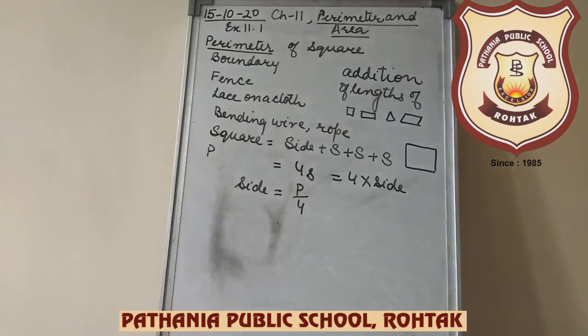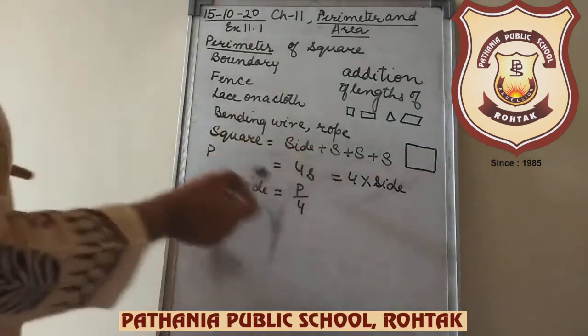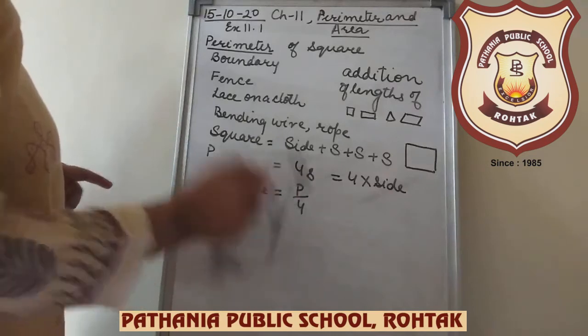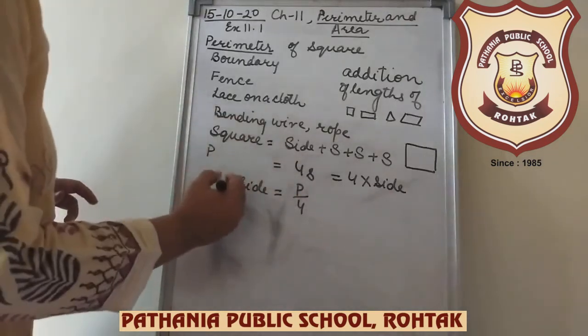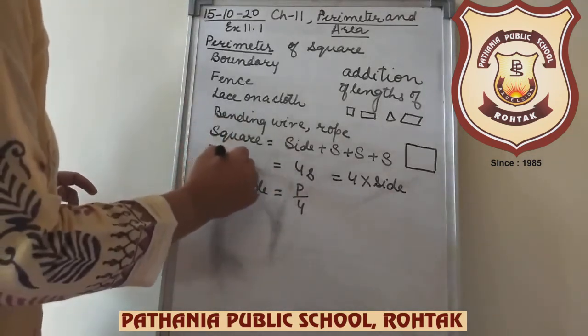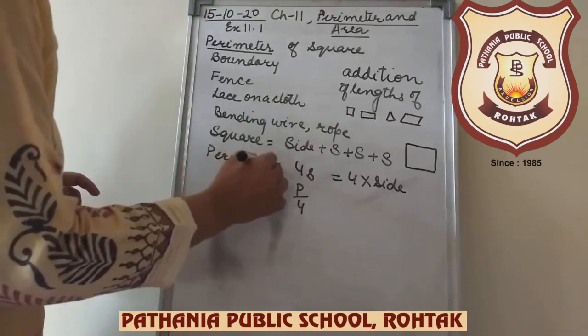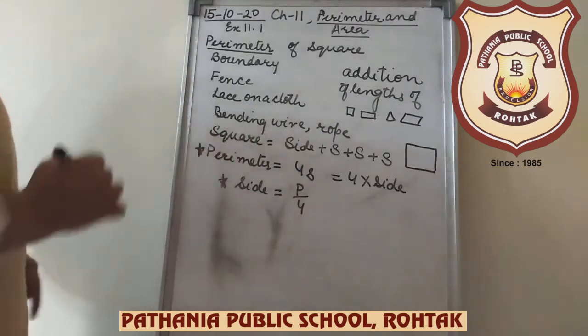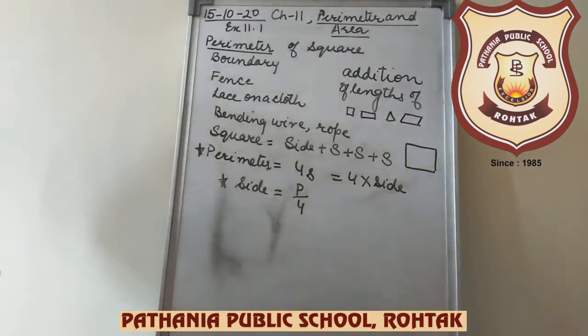So in this manner, when the side is given, you can calculate the perimeter, and if the perimeter is given, how will you calculate the side? So I have told you both the formulas. Okay, so this is for the perimeter and this is for the side.